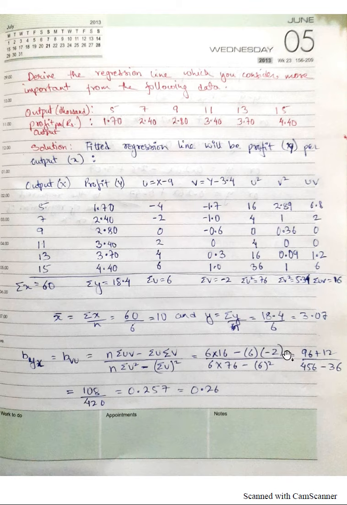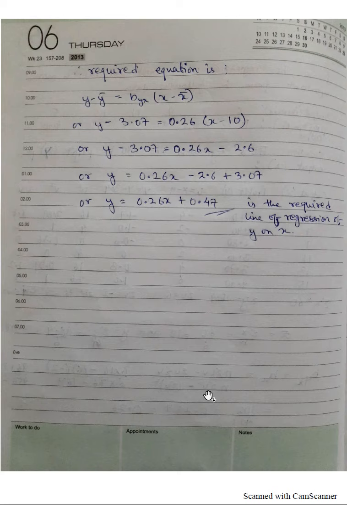So 6 into 16 will be 96, minus into minus will be plus, 6 into 2 will be 12, so plus 12. 6 into 76 will be 456, and 6 square will be 36. So 96 plus 12 will be 108, 456 minus 36 will be 420, so it will be equal to 0.257, or we can write it as 0.26.